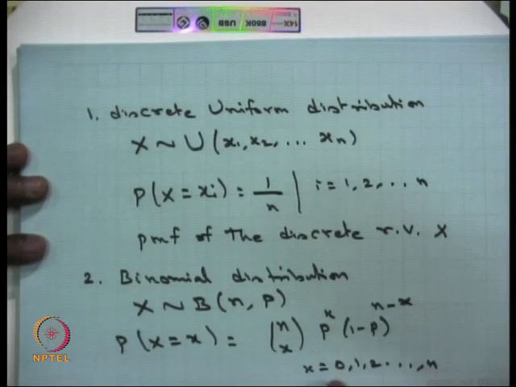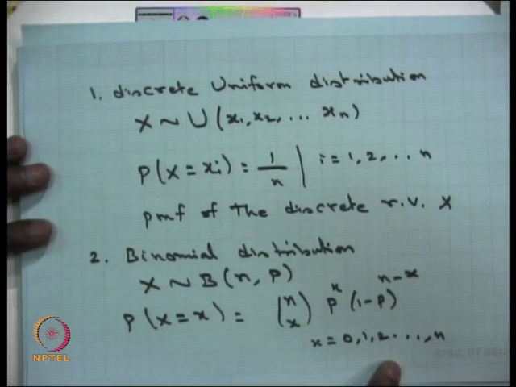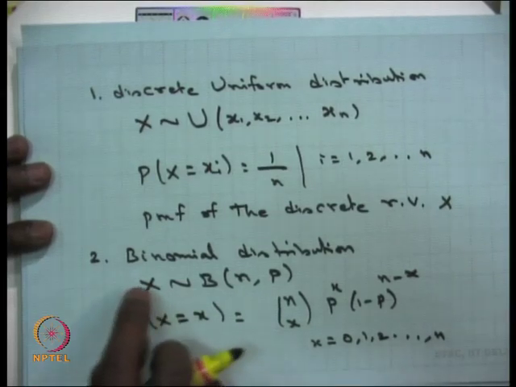That means it has n plus 1 jump points, and we call this a binomial distribution.